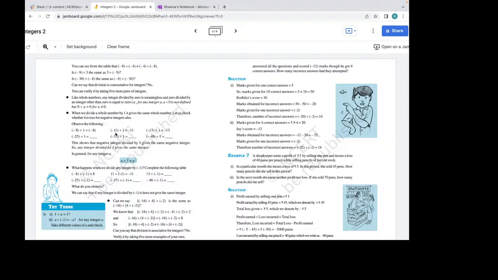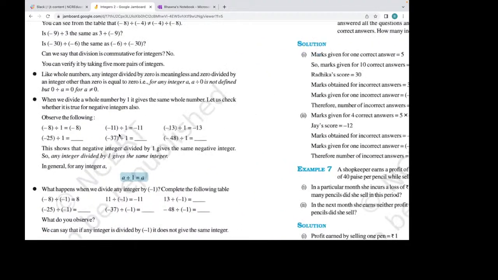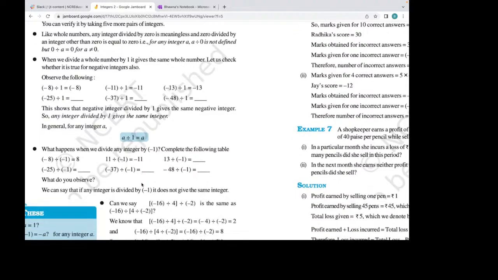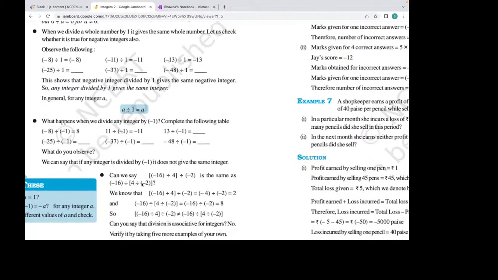Like if you divide minus 11 by 1, you get minus 11 only. So this shows that a negative integer divided by 1 gives the same negative integer. So any integer divided by 1 gives the same integer. In general, for any integer a, a divided by 1 is equal to a.